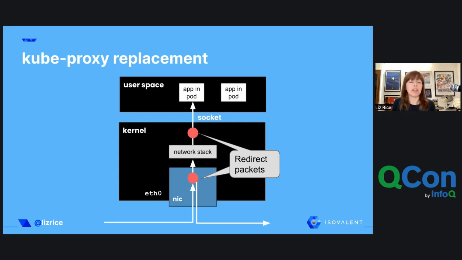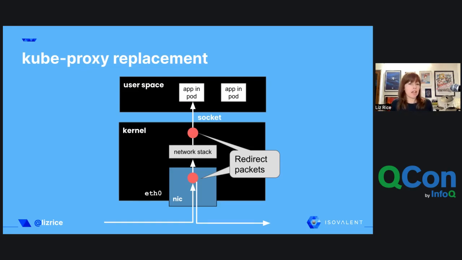And what is a proxy if not essentially a load balancer? With eBPF, we have the option not just to attach to the XDP interface as close to the physical interface as possible. We also have the opportunity to attach to the socket interface, so as close to the application as possible. Applications talk to networks through the socket interface.